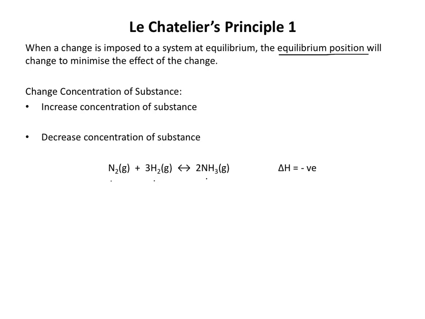If I decreased the amount of nitrogen or the amount of hydrogen in the system, the equilibrium sees you decreasing those things and thinks, right, I'll replace them myself, so it shifts to the left. So as long as we know this about the equilibrium, we can manipulate it to make it work for us. So we add hydrogen, we add nitrogen, and that forces the equilibrium to the right.